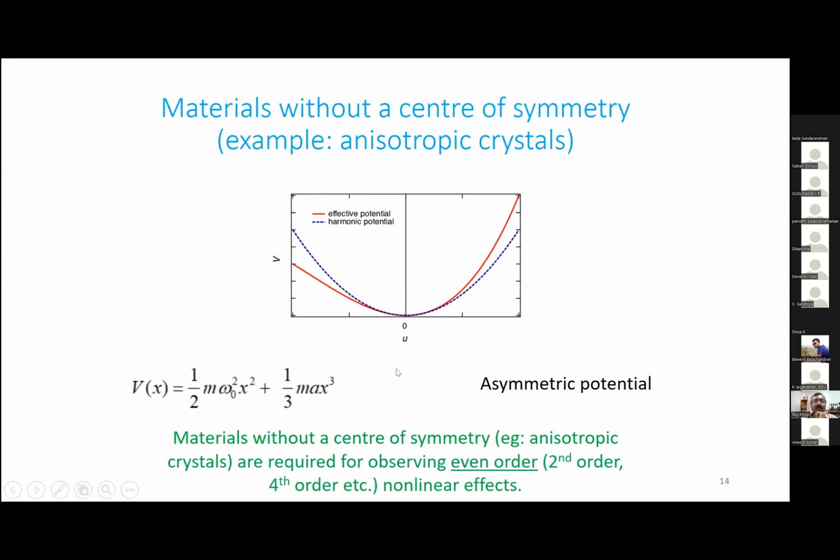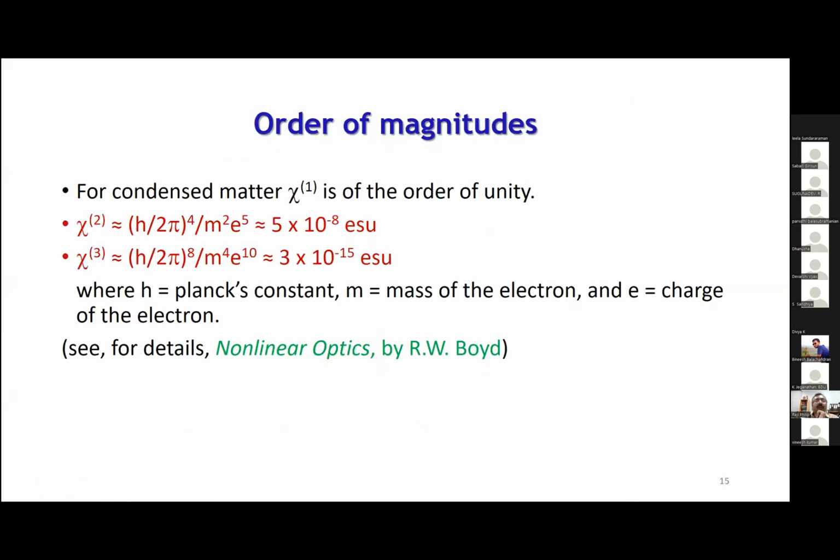So here we write the potential as half m omega 0 square x square plus 1 by 3 m a x cube, and all even orders, second order, sometimes fourth order, rarely. For seeing that, we need materials without a center of symmetry. Now, if you look at the order of magnitudes, for condensed matter, chi1 is of the order of unity.